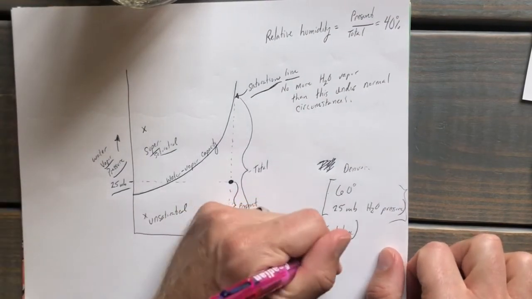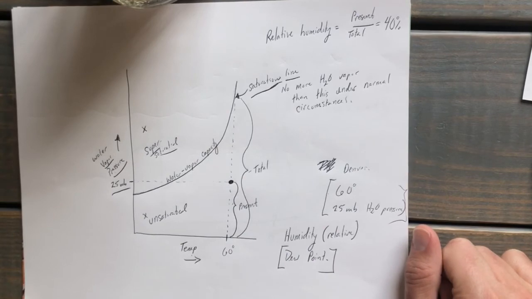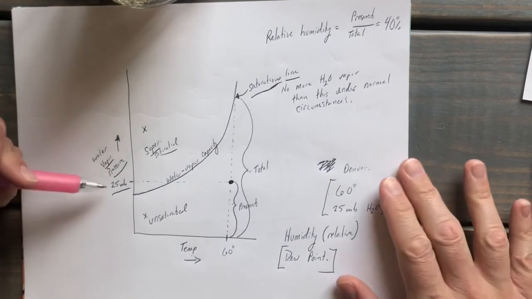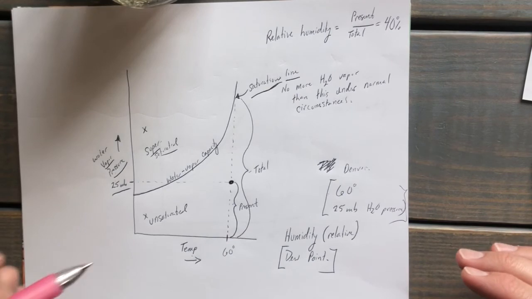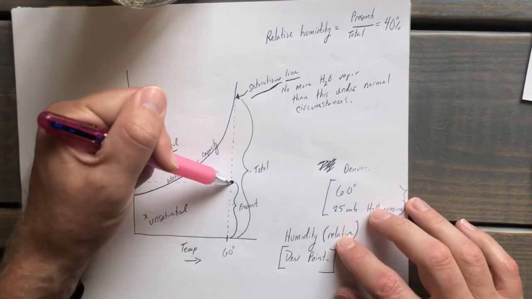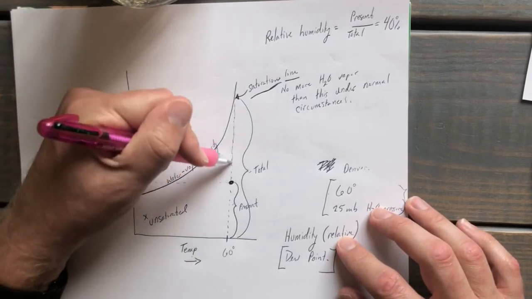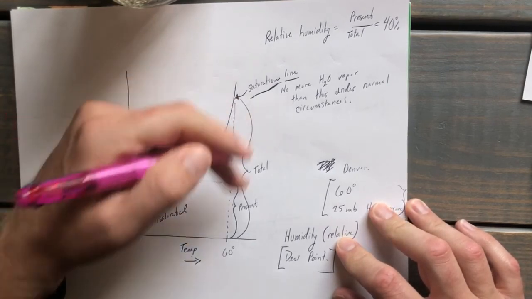But we have another metric, the dew point. The dew point is the temperature at a given air pressure at which the air would be saturated with water. So we can saturate a parcel of air one of two ways. We can either increase the vapor pressure, or we can decrease the temperature.